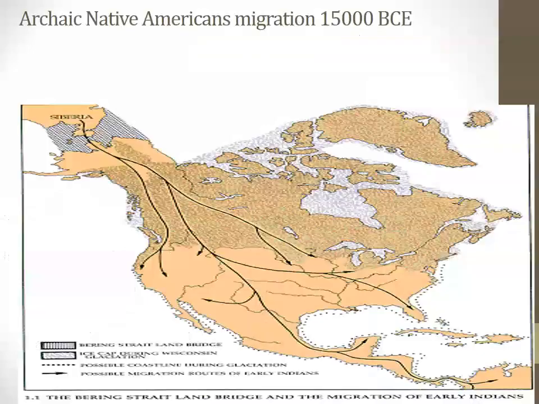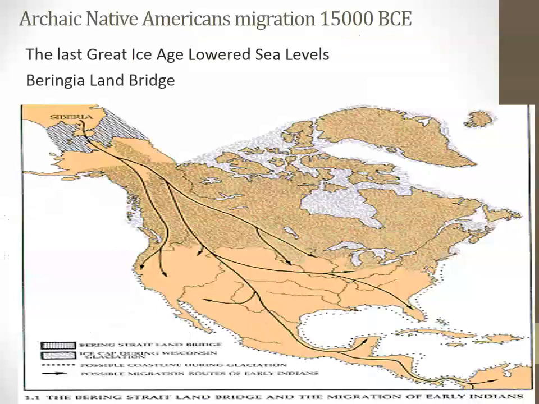This map depicts what is believed to be the manner in which the Americas were populated with people. Scientists, archaeologists, historians, and so forth believe that, of course, human ancestors originated in Africa, and from there, over thousands and thousands of years, people migrated throughout the world.